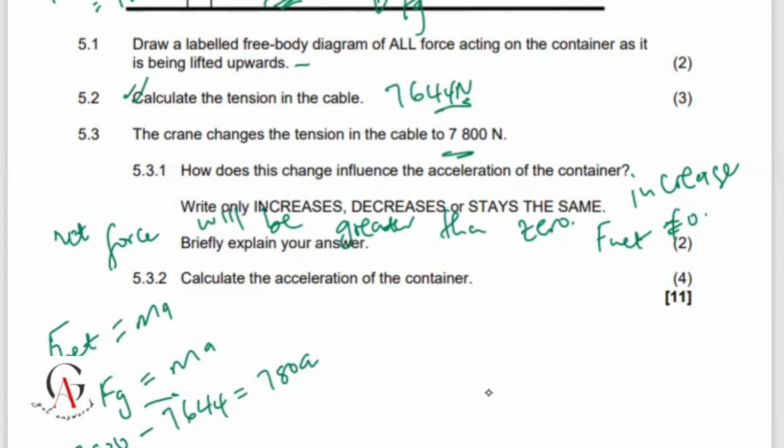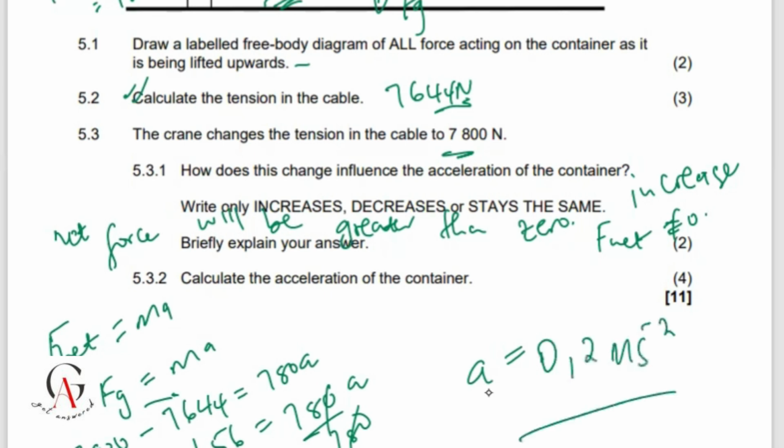When we subtract that, 7.8 minus 7644, this gives us 156 is equal to 780a. Divide both sides by 780 and 780. So 156 over 780 gives us 0.2 meters per second squared. So this answer is still not 0. So that is how question number 5 should have been answered.